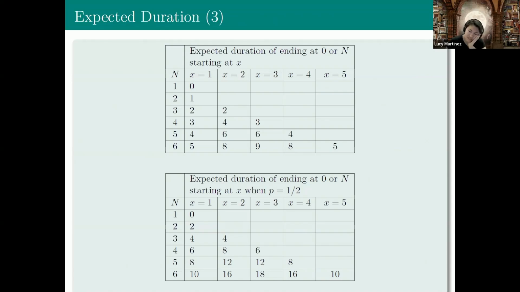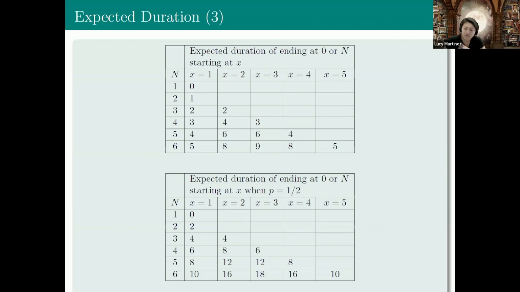Of course, I did pick an easy p of 1/2, but we can observe that there is a relationship between the expected duration of the classical game and the mirror step variant.